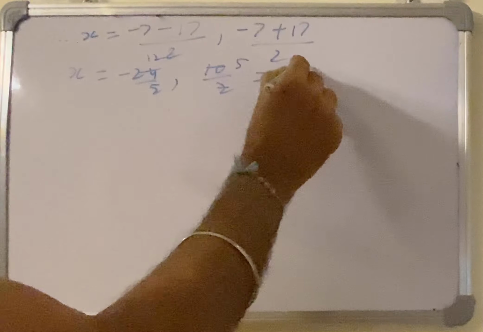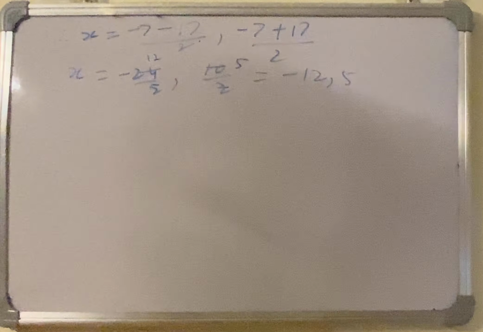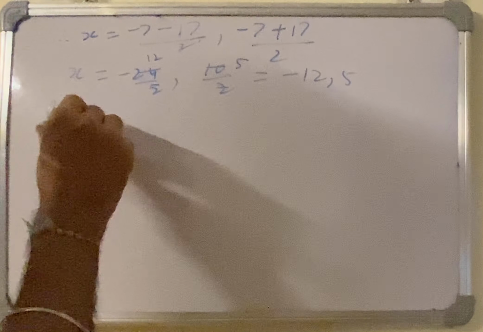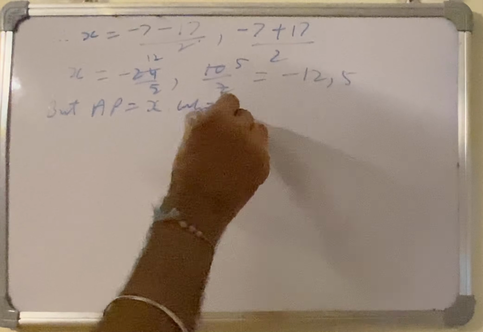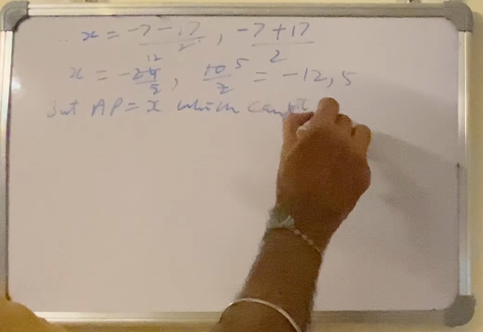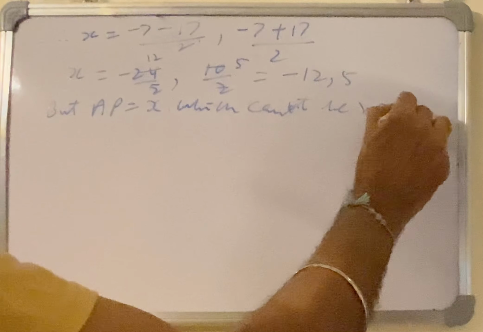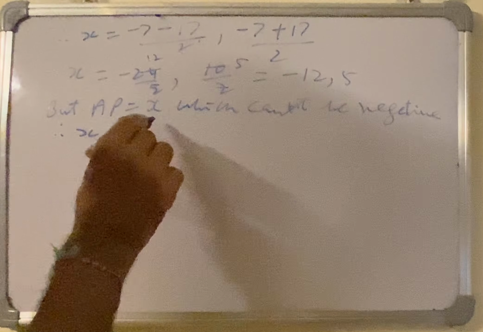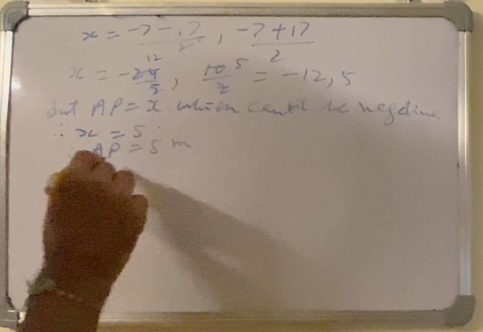Therefore, x is equal to minus 12, 5. But AP is equal to x, which cannot be negative. Therefore, x is 5. So AP is equal to 5 meter.